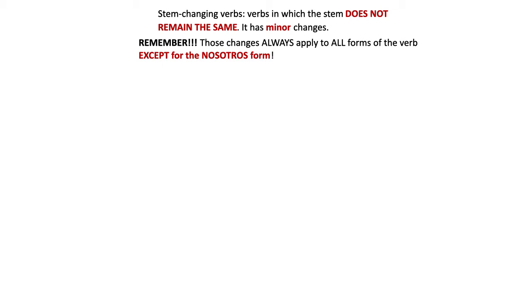Let's look at an O to UE stem changing verb, mover. I think you already know what this means because it's very, very similar to English. It means to move, right? So, how do we conjugate this stem changing verb? First thing we do is we remove the ending, right? Which means we obtain the stem of the verb.